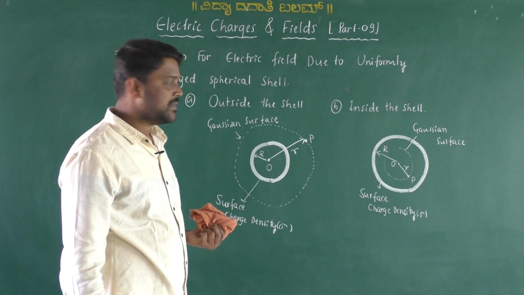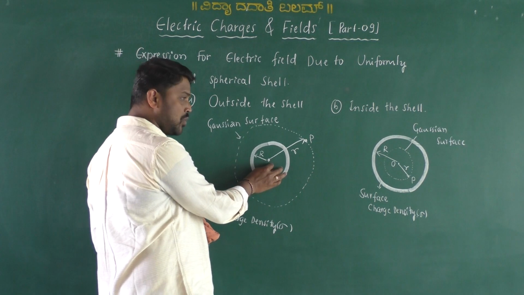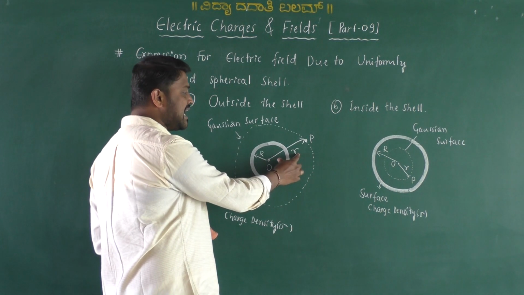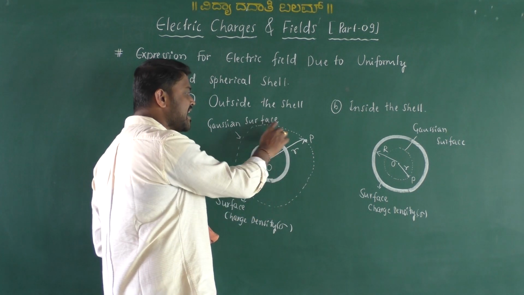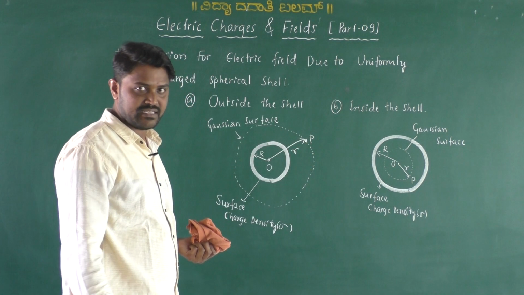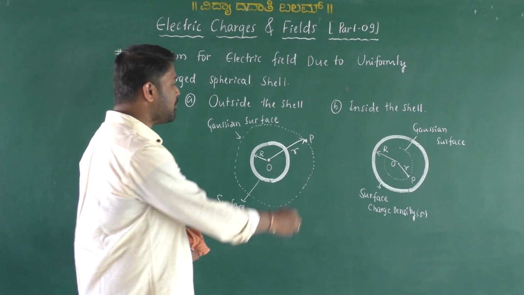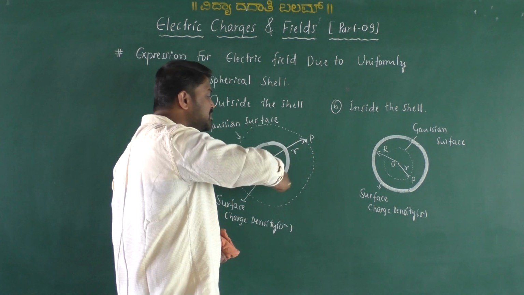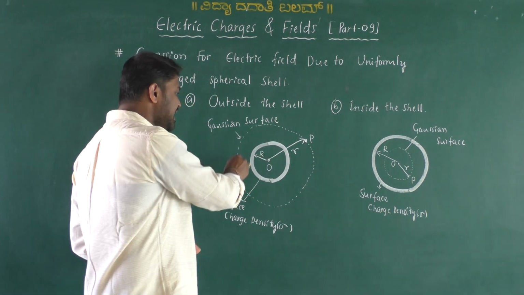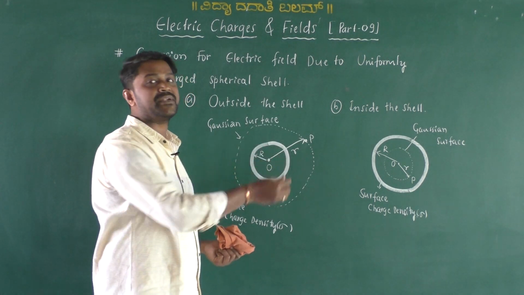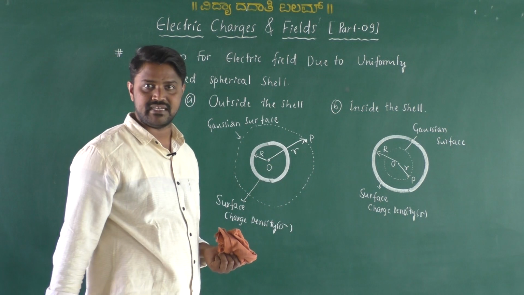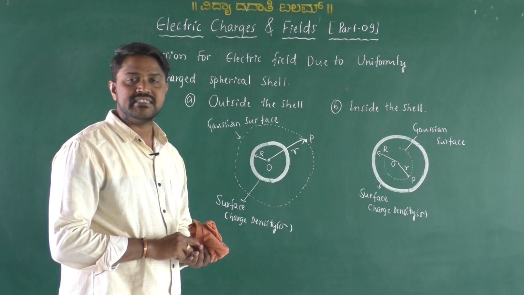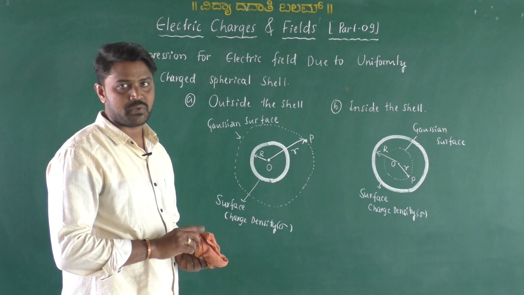At a point O, the center point, at distance r, the electric field is constant everywhere. So let us consider a point P outside the sphere, whose radius is capital R. The charge is enclosed, so we need to use the surface charge density.